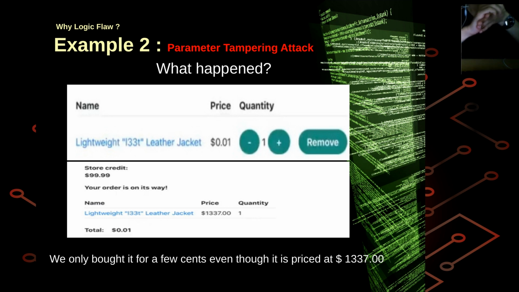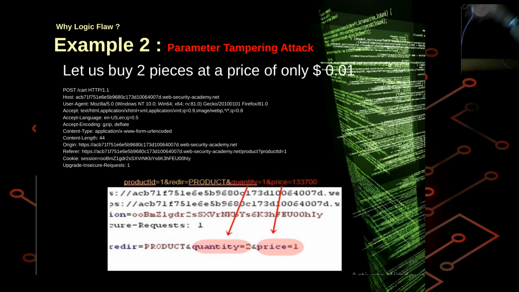So let us buy 2 pieces at the price of only 2 cents. First we need to change the quantity and make the price 1. In this example, we edit the quantity to 2.